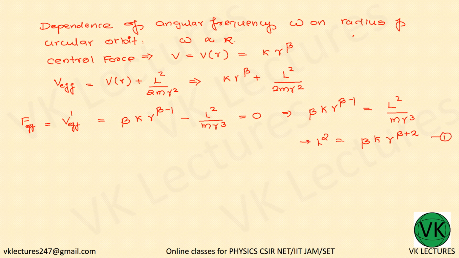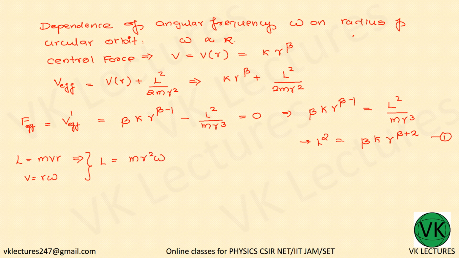Now coming to the angular momentum, we know that the angular momentum L is equal to m v r: mass, velocity and the radius. The velocity v is equal to r omega, so together L is equal to m r square omega.